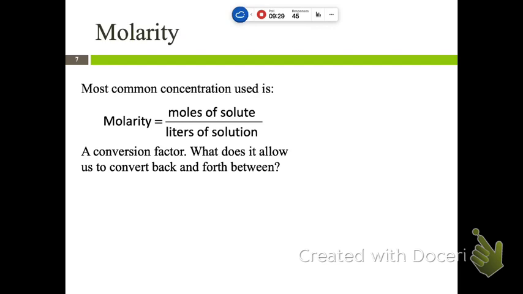Flip it. So you can go from how many liters of solution you have to how many moles of solute that is. Either way. Each one of our conversion factors, just like molar mass allows us to go between weight and how many, these allow us to go from how much volume to how much it weighs or how many of them there are.